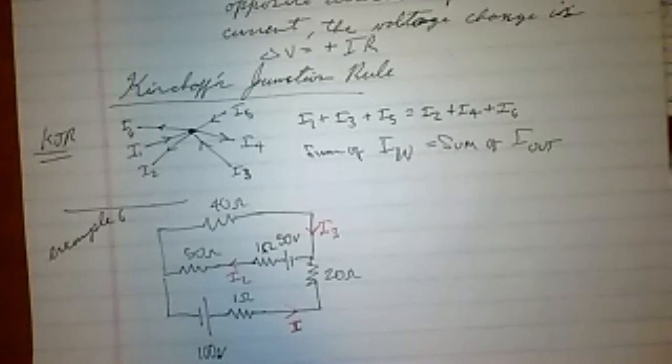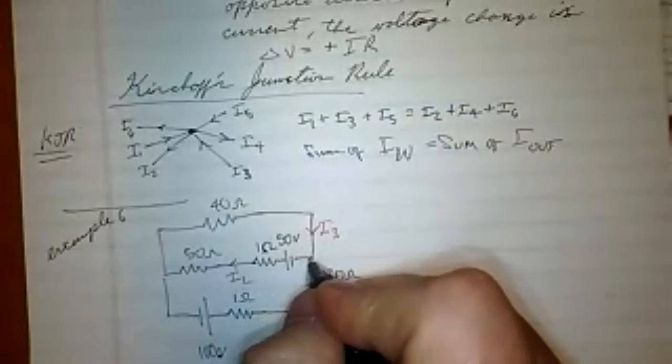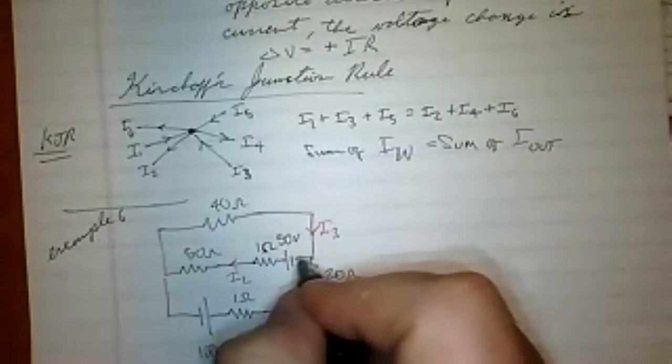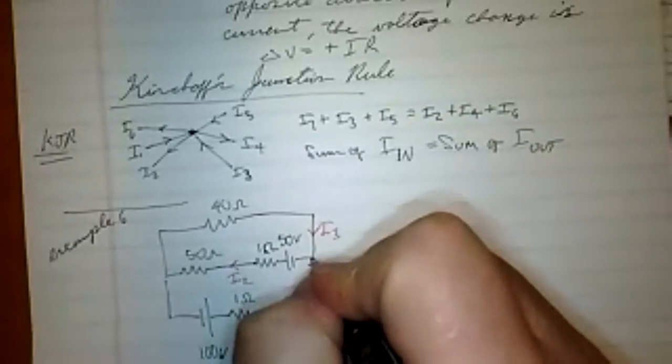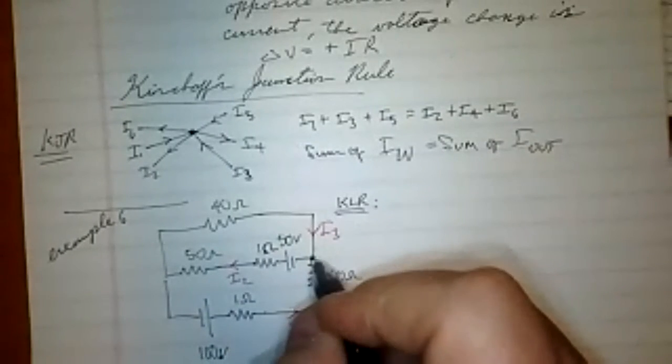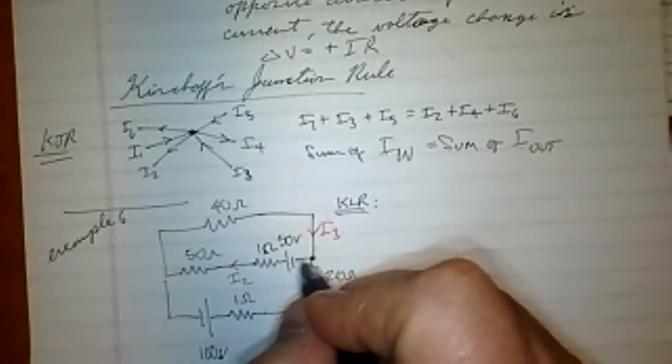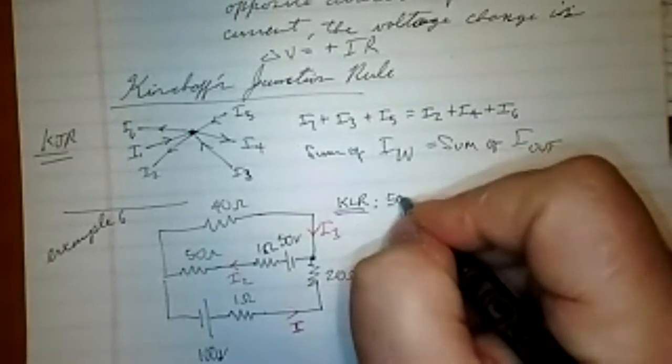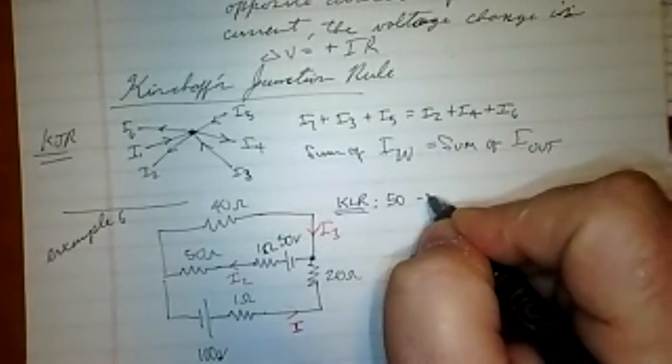So when I go to do Kirchhoff's junction rule, let's take this loop right here. Starting here, Kirchhoff's loop rule. I think I said junction rule just now, but I meant Kirchhoff's loop rule. So I'm going to say plus 50. Notice I'm not even going to write units. Minus I2.